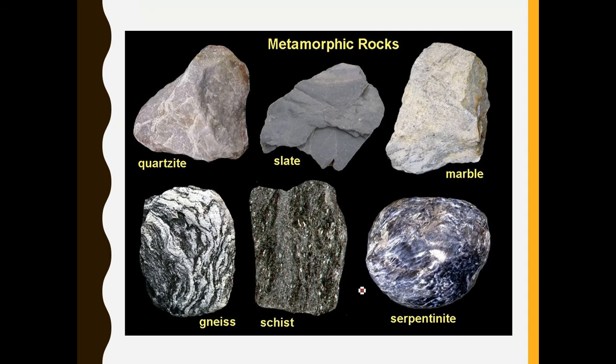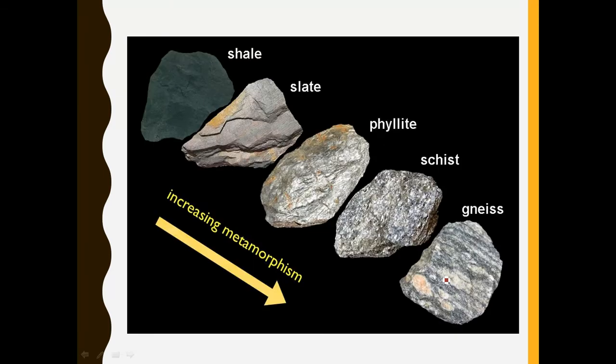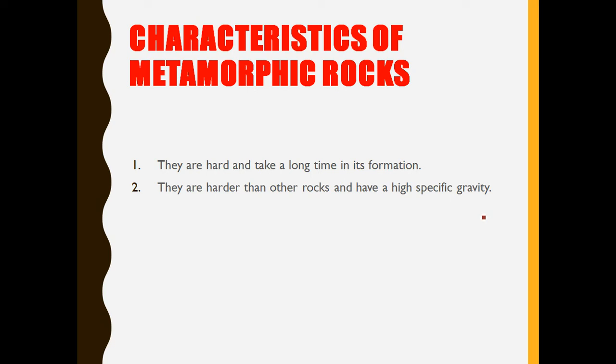So let's have a look at what we are talking about. That is slate, marble, then gneiss, quartzite, schist, and serpentinite. These are all metamorphic rocks. And see how these metamorphic rocks are being made: shale, slate, then your phyllite, schist, and gneiss.